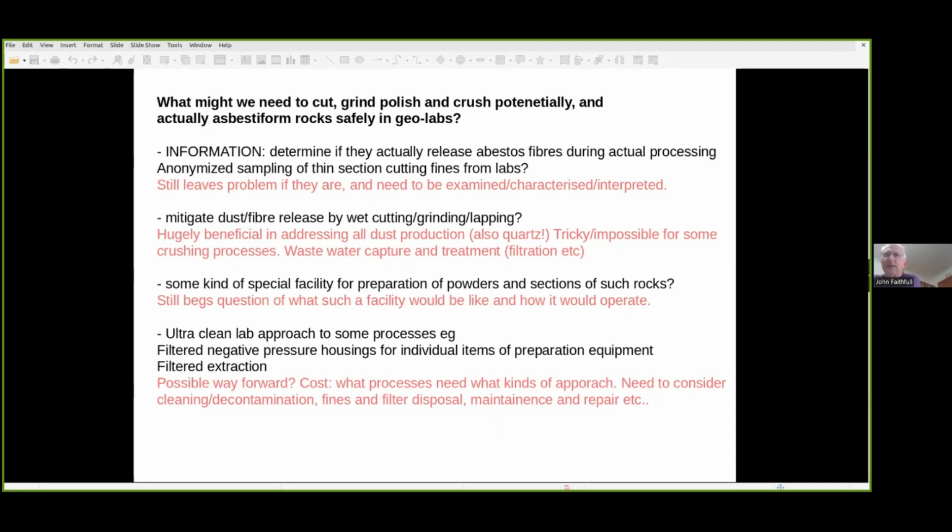One of the things I think would be very interesting to do would be to have a little anonymised programme of dust from thin section cutting, fines at the bottom of rock saws and crushing labs. Doing that on an anonymised basis would be an interesting experiment to see whether these things are hazardous or not, or need to be classed as asbestiform waste or not, because we have no idea about this at the present.